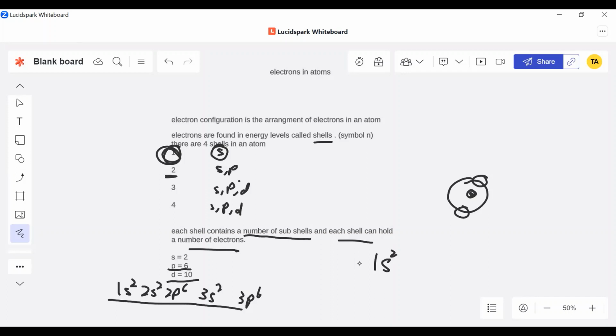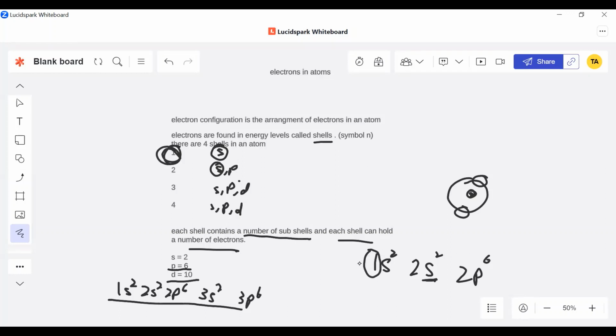Now, moving on to the second shell, the second shell can hold 2 subshells, the S subshell and the P subshell. And the S can hold 2 electrons, but the P can hold 6 electrons. So when I write the second shell, this is the first shell. When I write the second shell, 1s2, 2s2, this is the first subshell, and the second subshell in the second shell is the P subshell, which can hold a maximum of 6 electrons.